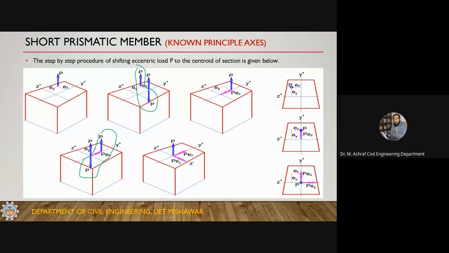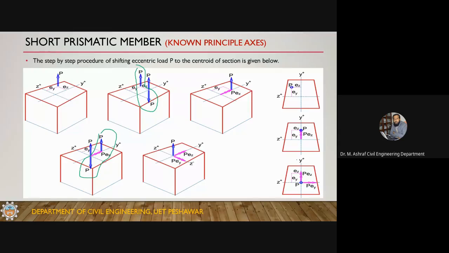If you rotate your finger in the direction of this couple, your thumb will be pointing along the negative z direction. So this is creating a moment P Ey about the negative z direction. Now you have converted this eccentric force into a concentric force, but that is accompanied by these three forces.